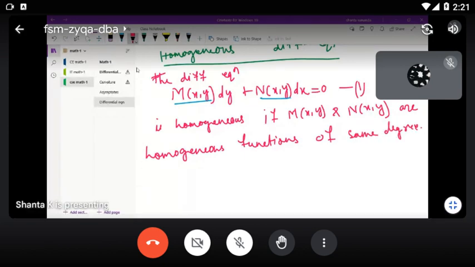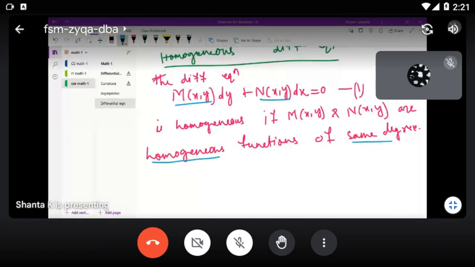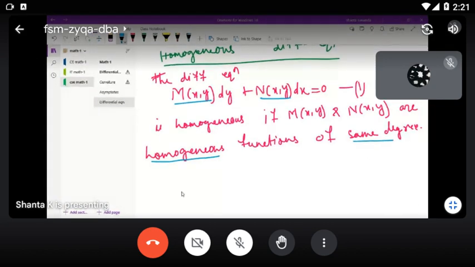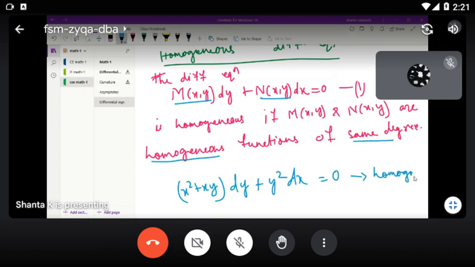So both the terms, not only of the same degree. I understand you mean it, but you have to see that it's homogeneous and it's of the same degree. Okay, like the equations of this form: (x square plus xy) dy plus y square dx. So these are homogeneous equations. Okay, you can see each term is of degree 2.